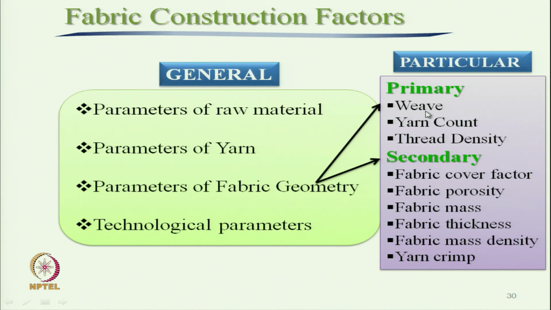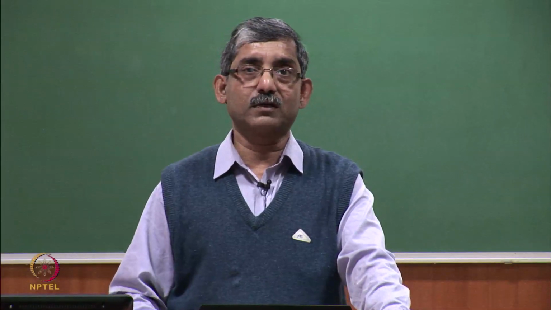Different weaves give different UV protection. For yarn count, keeping everything constant, using a finer yarn count means more open area, which will allow more UV ray to pass through. And for thread density, if we want to prevent UV ray from passing through, we must use a compact, closer thread density.